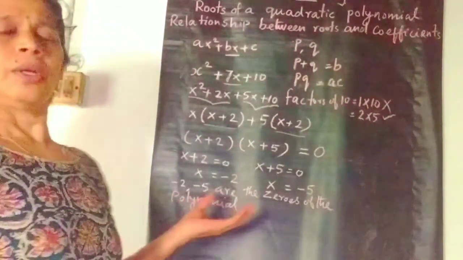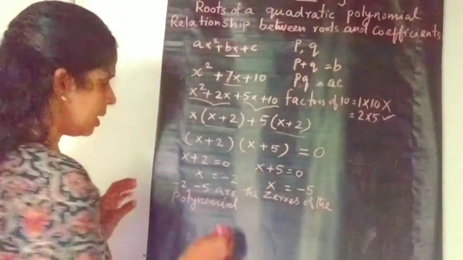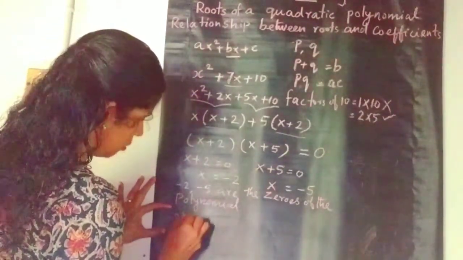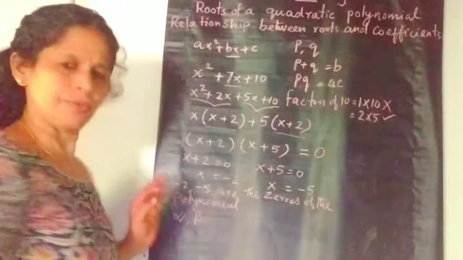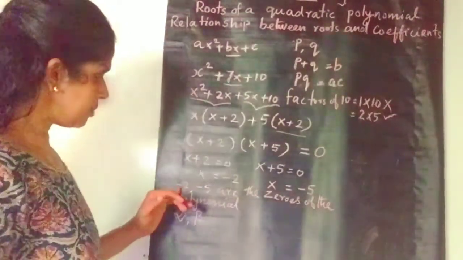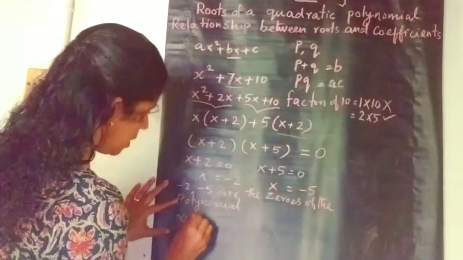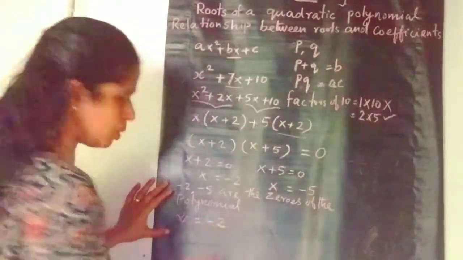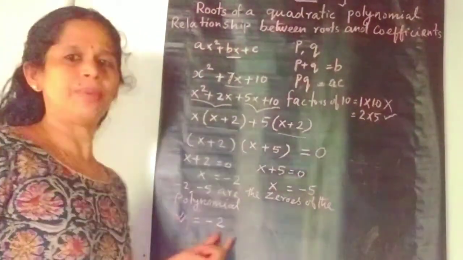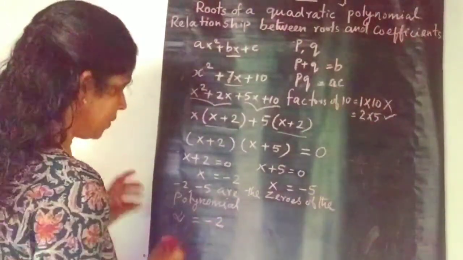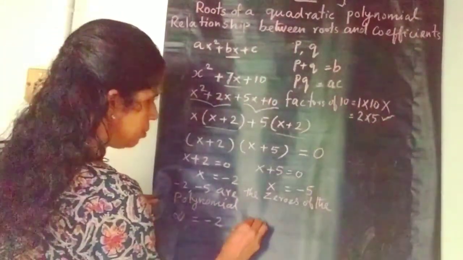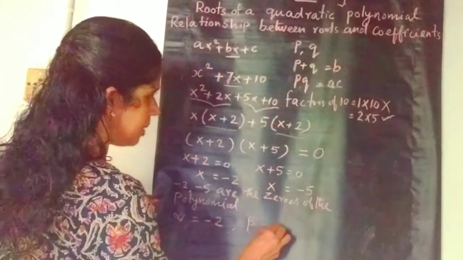So here normally we say these roots by the letter alpha and beta. Here alpha is -2, beta is -5. You can write like this. Alpha equal to -2. There are roots. Roots we call alpha, beta, gamma like that. So alpha is -2, beta equal to -5.